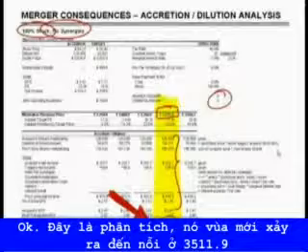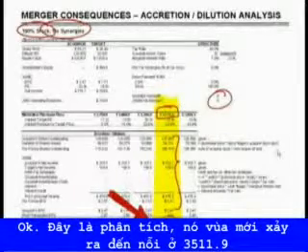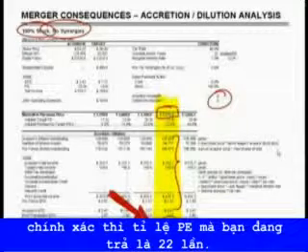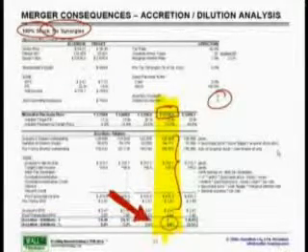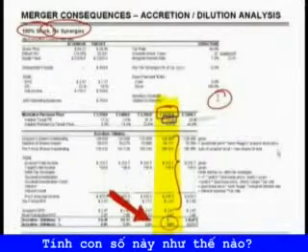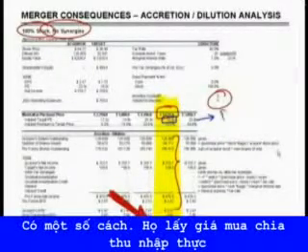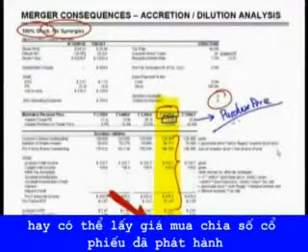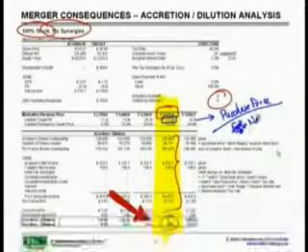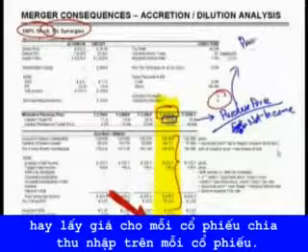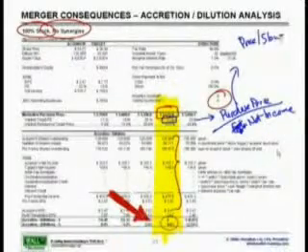Okay, here's the analysis. It just so happens that at exactly 3511.9, the implied PE ratio that you're paying is 22 times. How is this calculated? Several ways. You take the purchase price divided by the current equity value, divided by the net income of the target, or you could have taken your purchase price divided by shares outstanding.